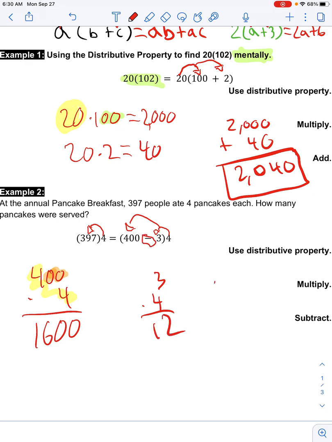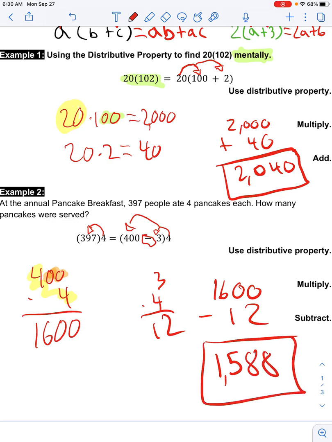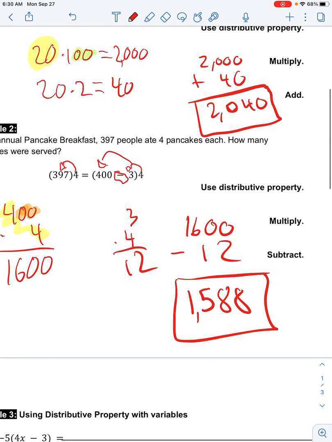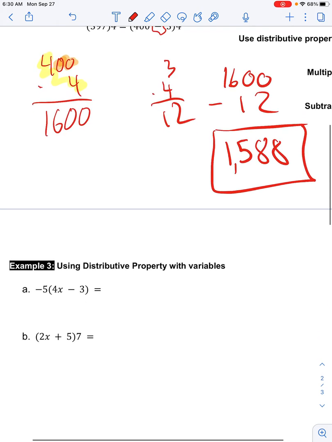And because this time I subtracted, I'm going to take 1,600, subtract 12, and get 1,588.